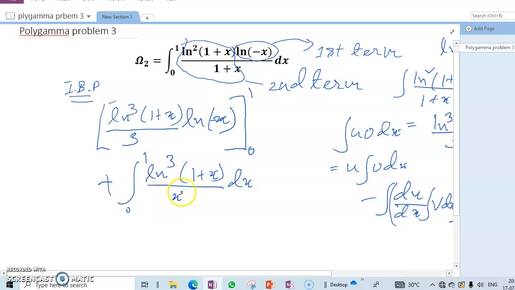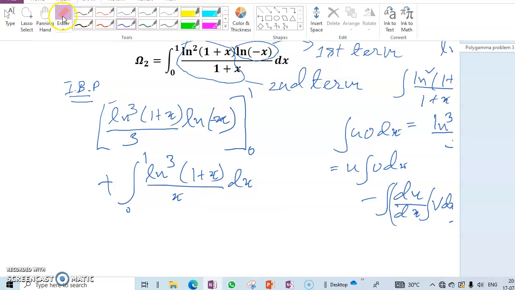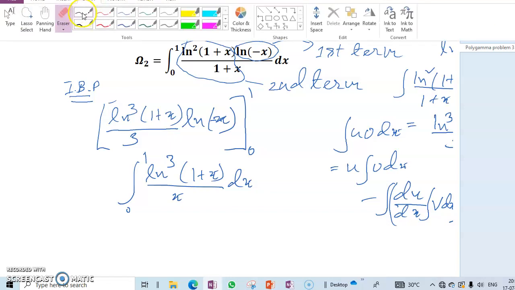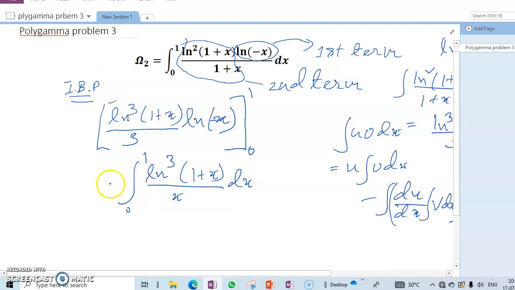Okay, 1 by minus x, and the derivative of minus x is plus x, so it is not plus, it would be minus, friends.